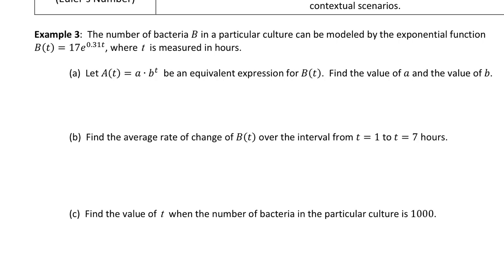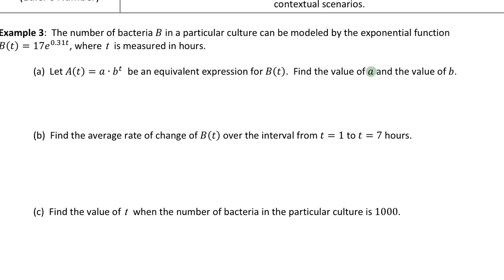We're going to find the value of a and the value of b for this problem. Finding the value of a is real easy. Can you tell me what the value of a is? 17, very good. We know it's 17 because it's the number in front of the thing with a power. 17 is in front of E. E has the power. That means 17 is our initial value.